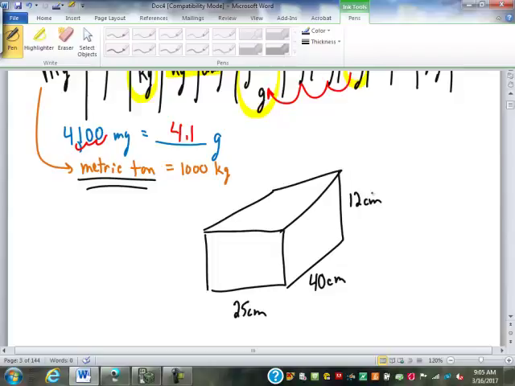I just said gas tank, and I'm talking about putting water in it, but you get the picture. So the volume here is 25 by 40 by 12. Which is what, 12,000 centimeters cubed if I multiply those together?